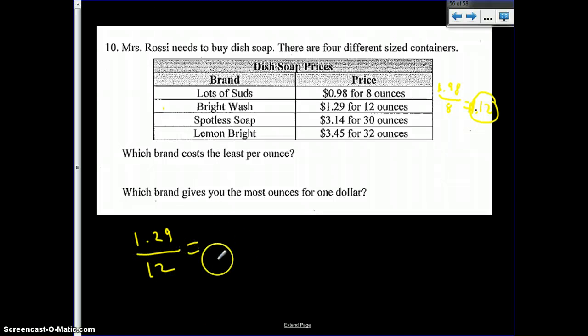So divide that to see how much that is per ounce. How much? 11 cents. Seems good to me. That's 11 cents per ounce. What's this one? Spotless soap.